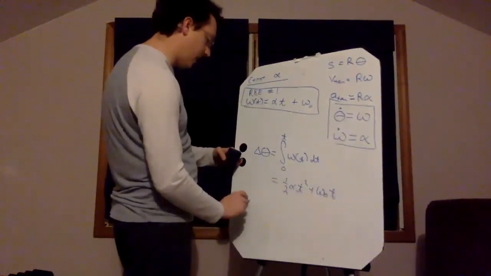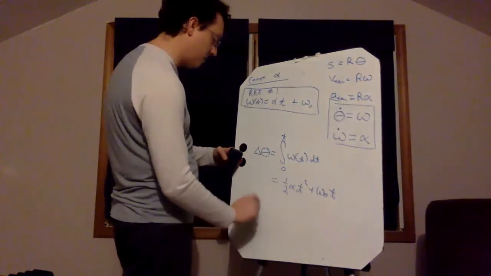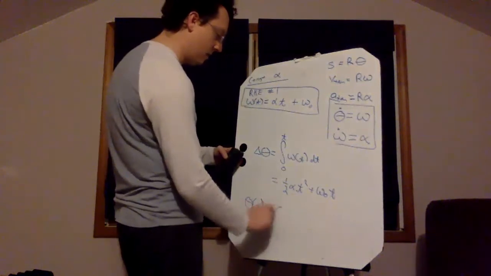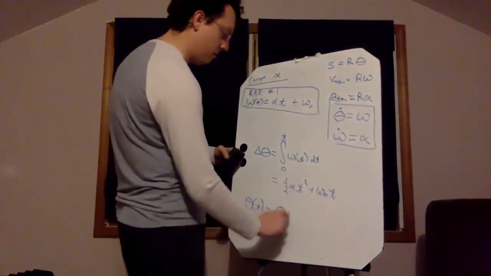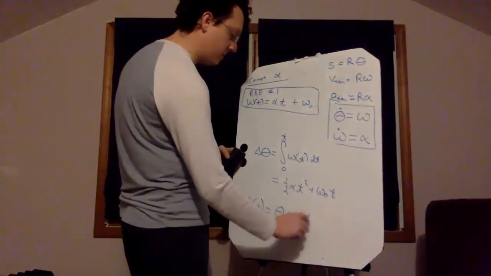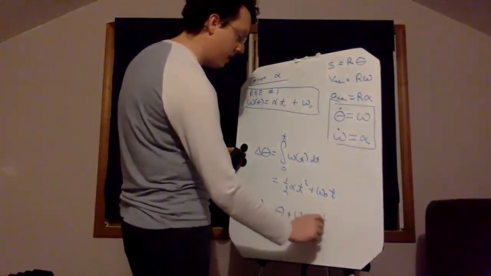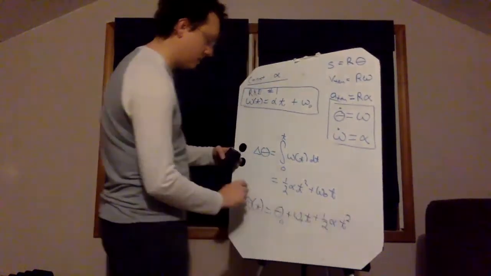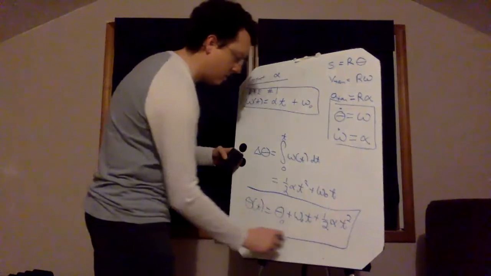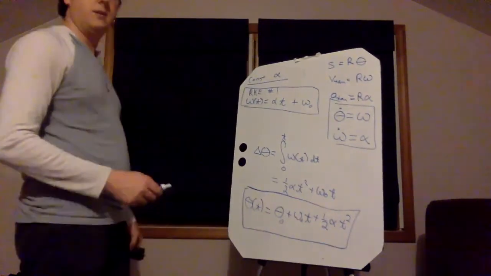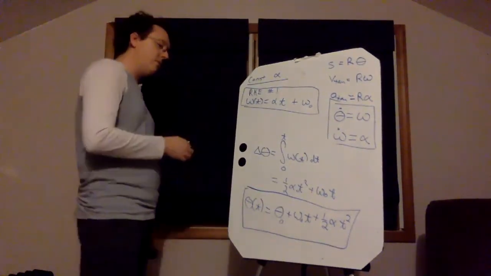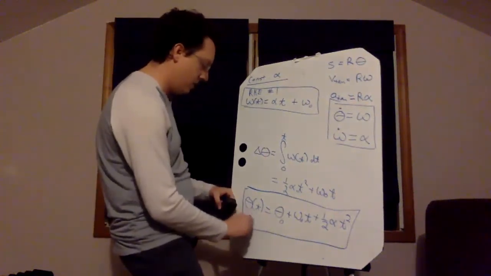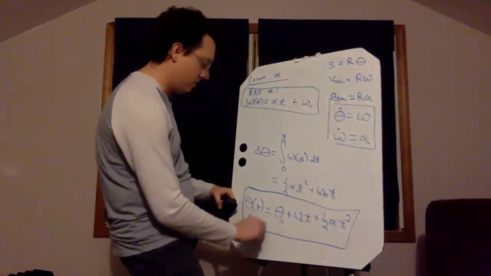Or rearranging that, theta as a function of time equals the initial angle plus the initial angular velocity times time plus 1/2 the angular acceleration times time squared. That hopefully looks familiar. That's nothing other than the rotational version of our kinematic equation number 2, so we're going to call that rotational kinematic equation number 2.